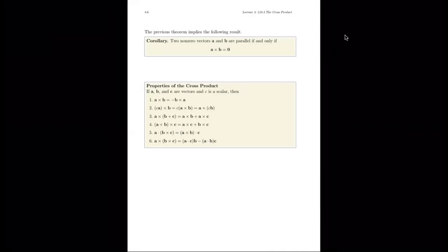That's quite nice. Here we have a whole list of properties for the cross product. Be careful with these. Make sure to use them exactly. There's a lot of chances to prove some of these, and I think even some worksheet problems or homework problems might have you do something like that. So nice properties to keep an eye on.